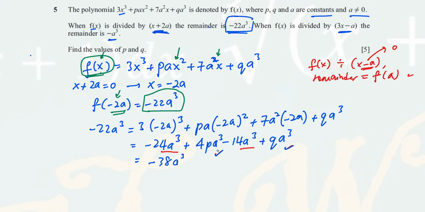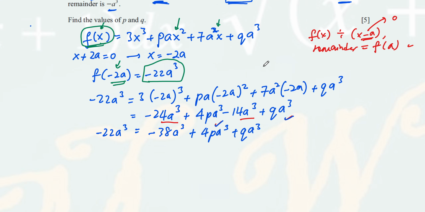These two terms cannot be combined because here you have p, here you have q, right? So I will just leave them alone. And I notice that all of these terms have a cube, which means I can divide the whole equation by a cube.